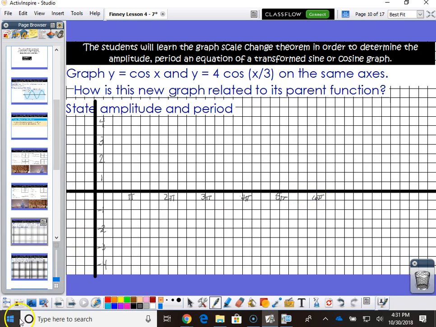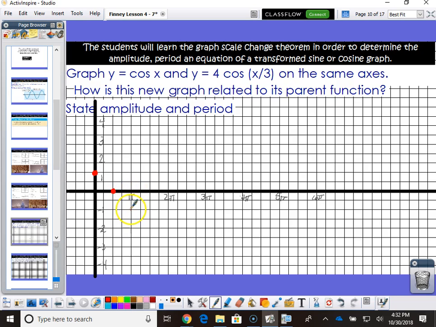Okay? And what I'm going to do first is graph my original cosine curve, and let's go with red. Red seems like a fun color, yes? I'm going to make it a little bit bigger than what I was doing. Cosine starts in the clouds at 1. So here's my 1. And we know at pi over 2 it's 0.